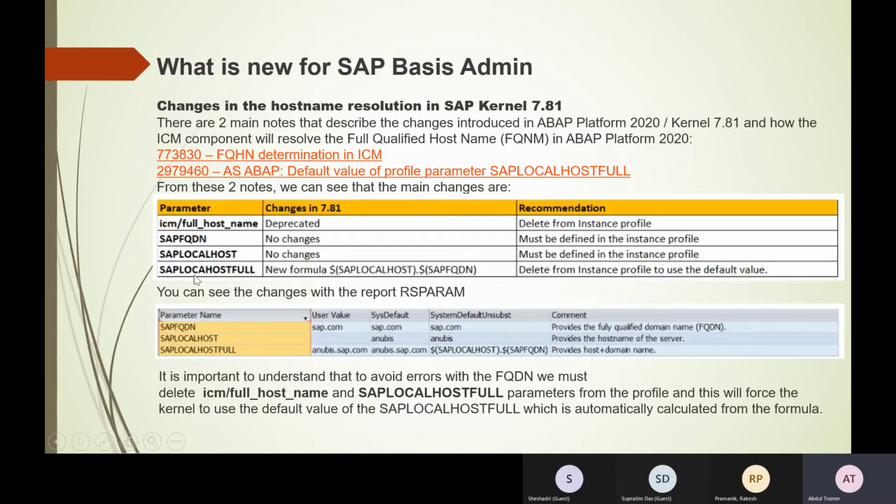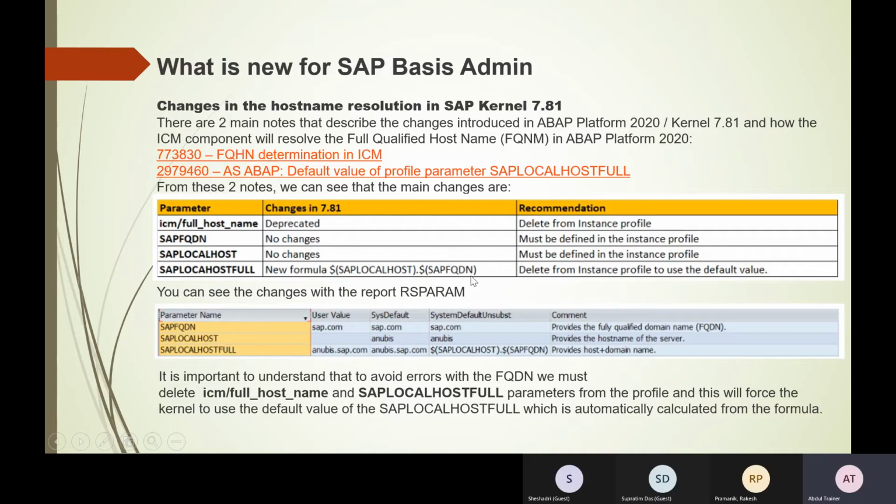Sometimes we specify values for the HTTP local host name, like hostname dot reliance.com, the server name. But SAP recommends that you delete it and take the default.